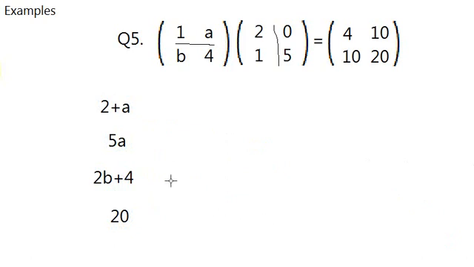What we are interested in is the values of the unknowns, and what we know is that after this transformation, the four things will equate to this matrix, and correspondingly I can say that 2 plus A equals 4 and 5A equals 10. So these two both make A equal 2 if you're quick at doing linear equations.